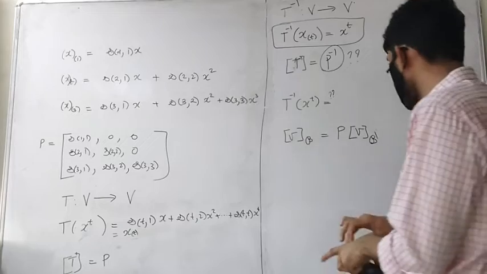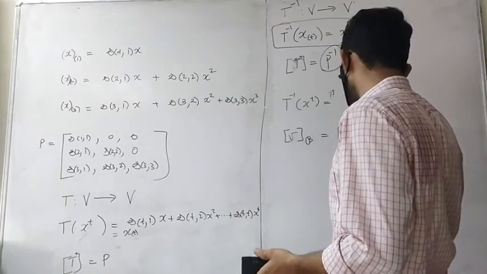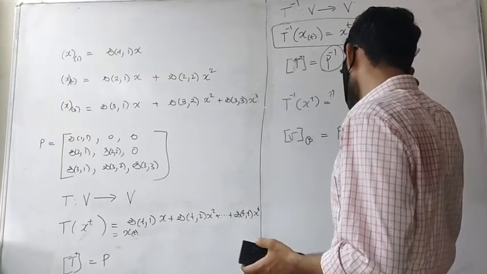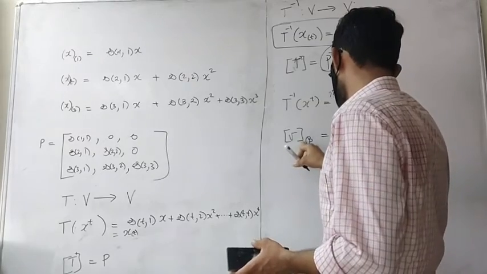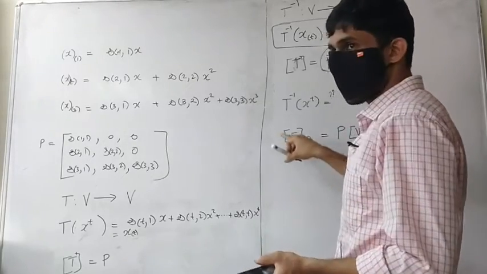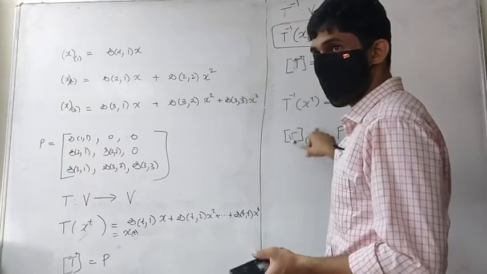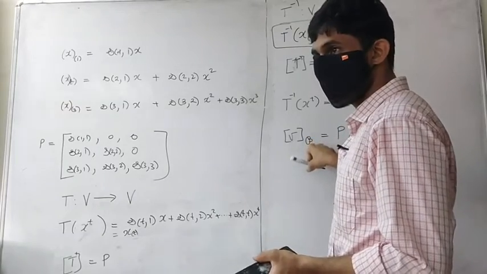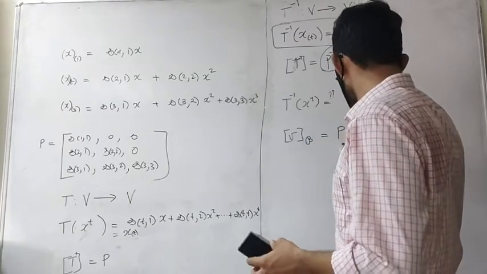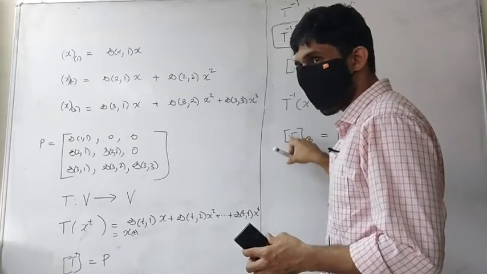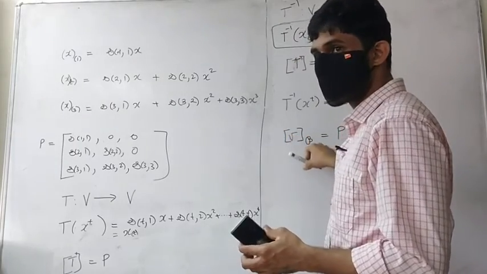If we have this vector represented with respect to the first basis, you take this P and multiply. Vector with respect to the first basis means what?